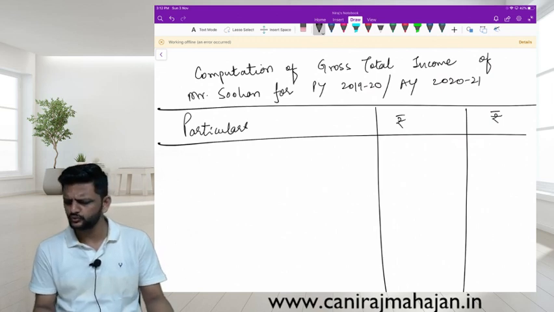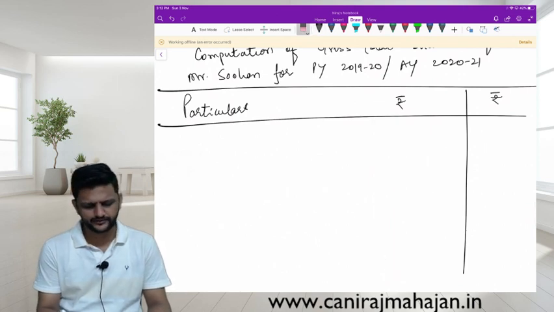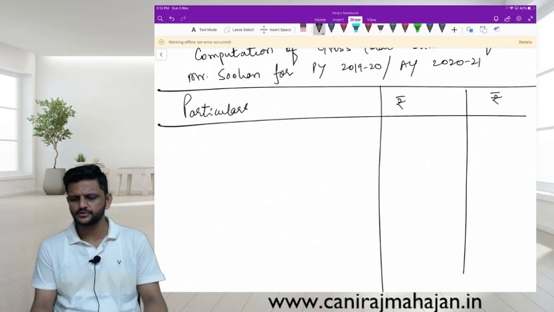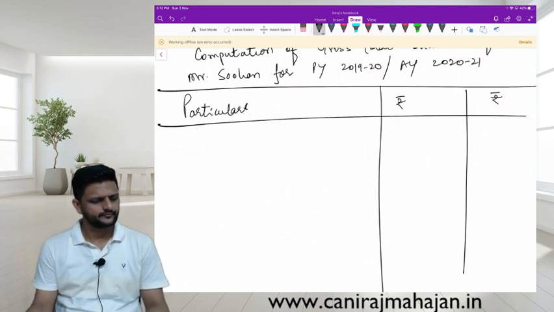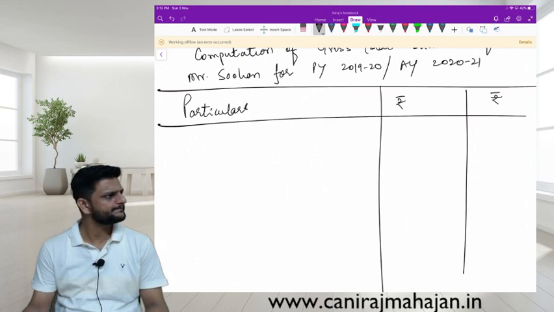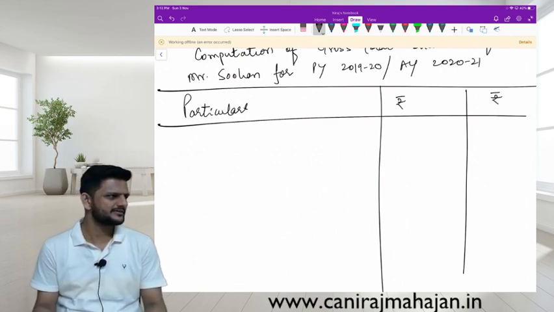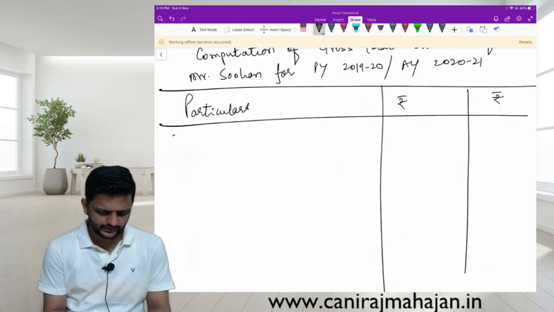No, not so low. 3 lakhs, correct. Okay, come to the incomes. Around 3 lakhs, maybe 3.5. Okay, what incomes do you have? Come on, income from salary.